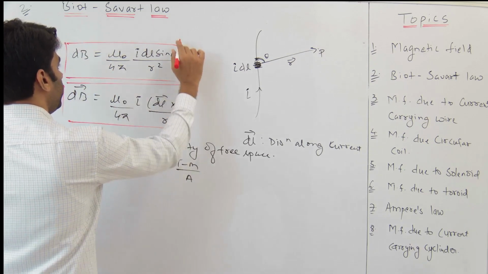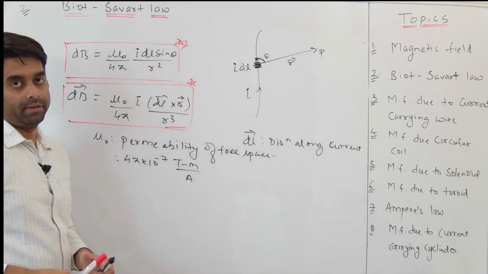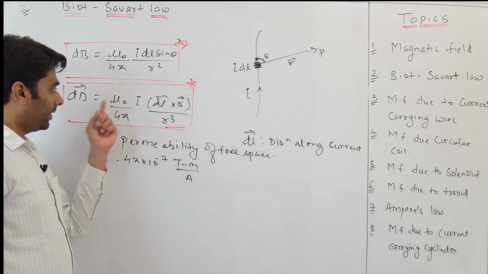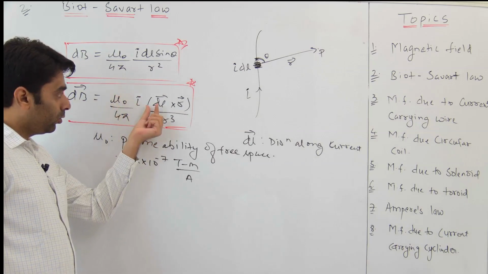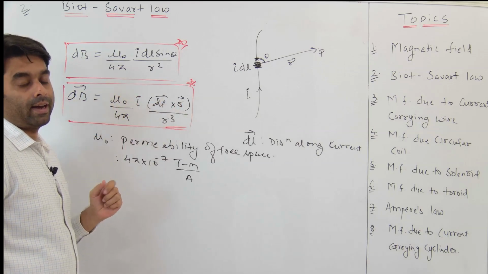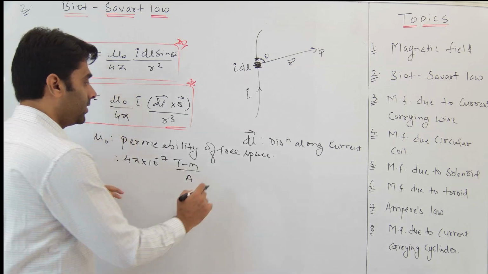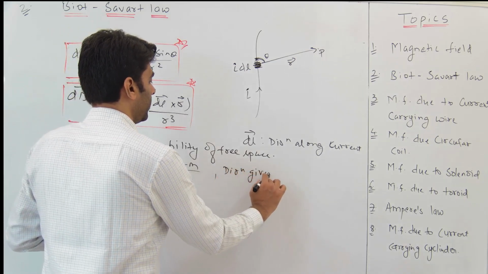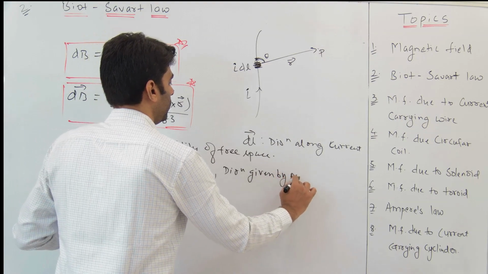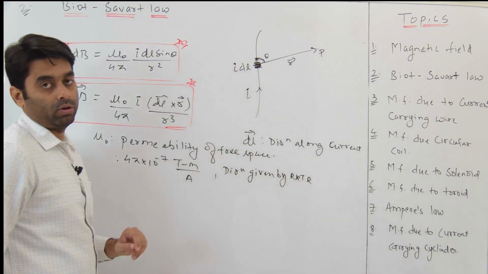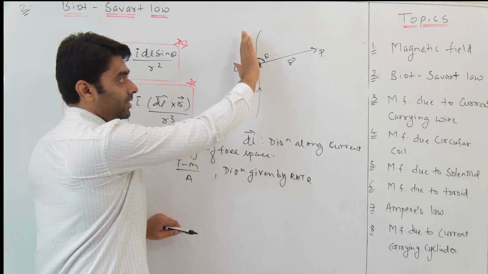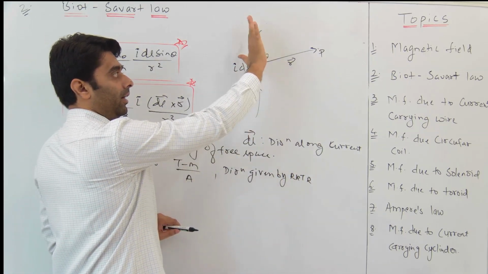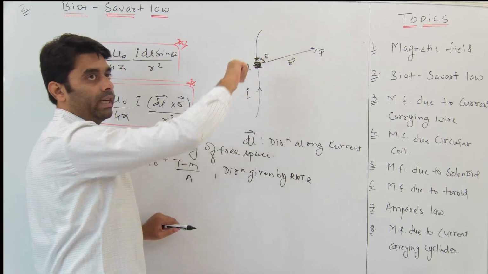Fine. If we talk about direction of magnetic field, how do we find out direction of magnetic field? As you can see, magnetic field is coming due to the cross product of your dl and r. So that means we can find out direction given by right hand thumb rule for cross product of dl cross r. dl direction is taken along the direction of current, and if we do dl cross r, our thumb is pointing in inward direction.